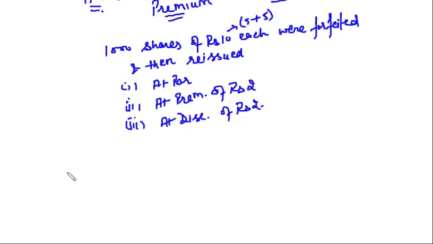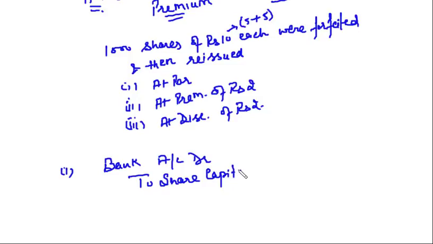What is the entry? Say first case, what will be the entry? Bank account debit to share capital account. How much? 10,000 rupees. Simple.